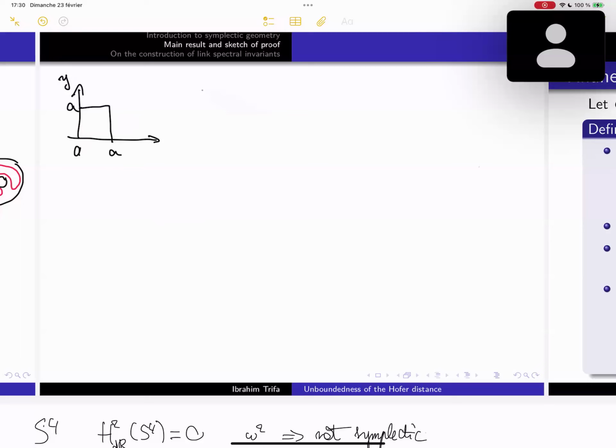and we define a Hamiltonian h of xy equal to a plus epsilon times y.